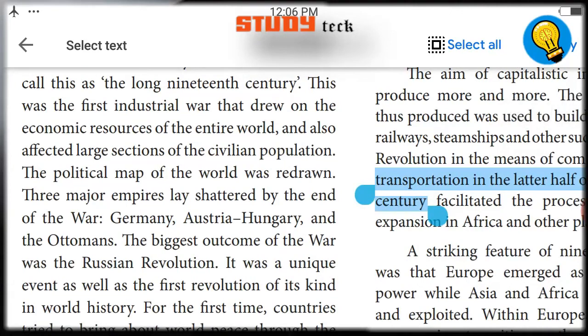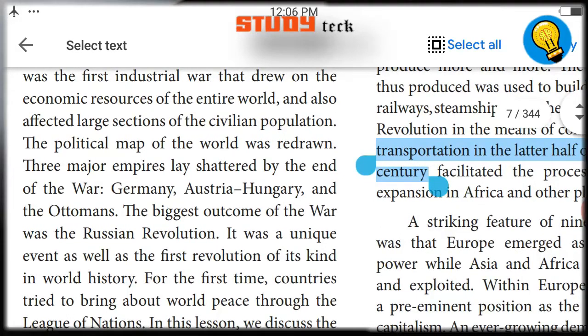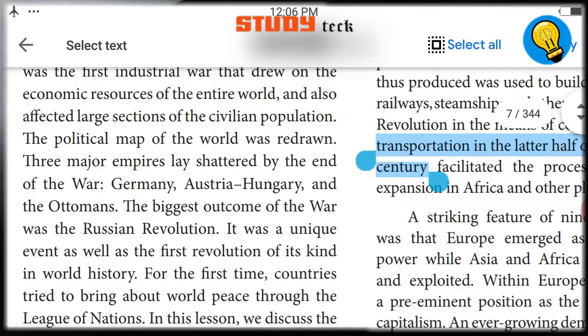Most of the countries participated in the First World War. A person in his native country is called the civilian population. What countries were involved in the First World War? The people of those countries were also affected on a large scale.